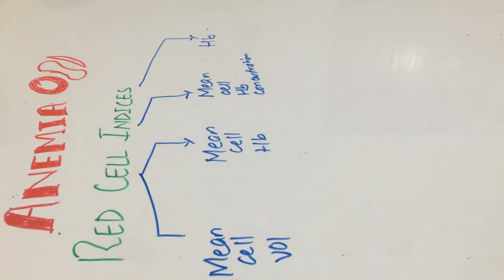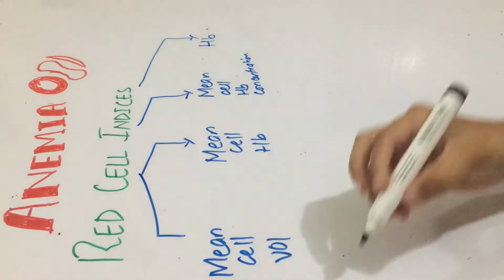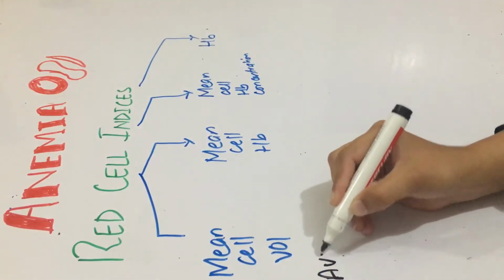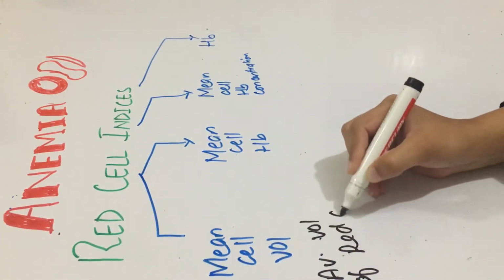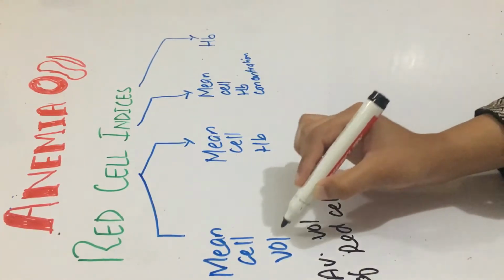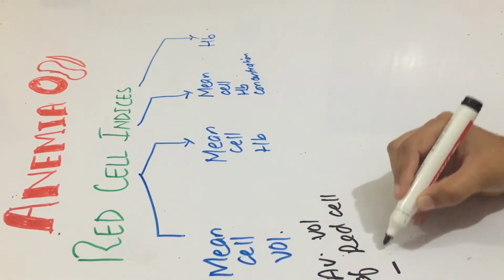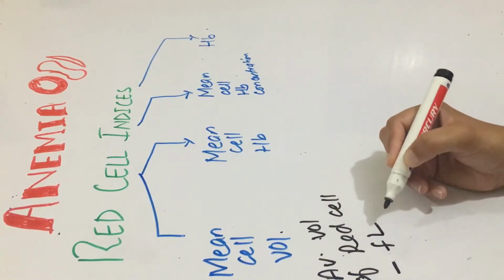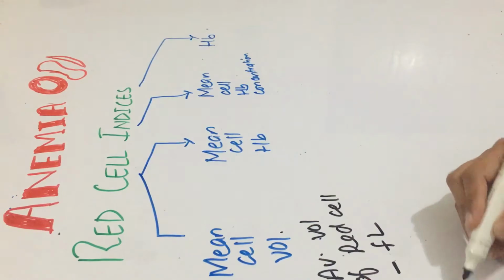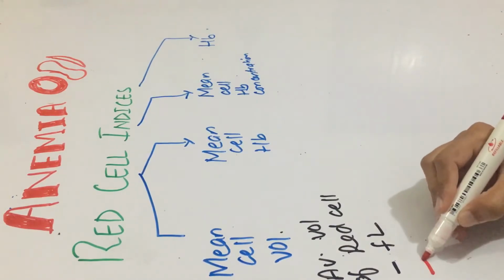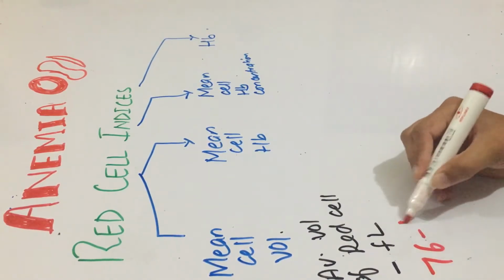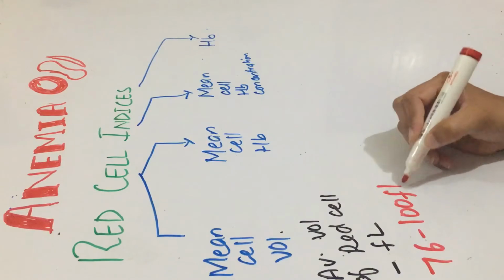So first, what is the mean cell volume? Mean cell volume is basically the average volume of red cell, and it is usually given in femtoliter. The normal values of the mean cell volume, according to different books, are different, but generally it is considered that 76 to 100 femtoliter is normal.